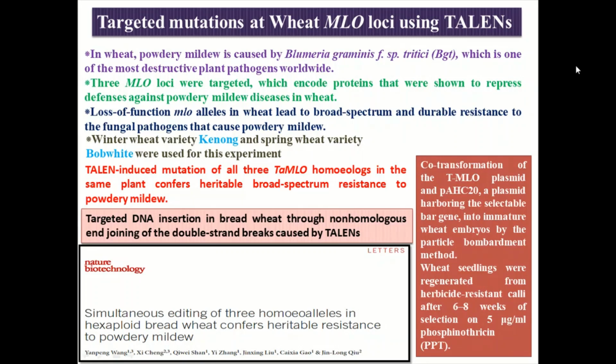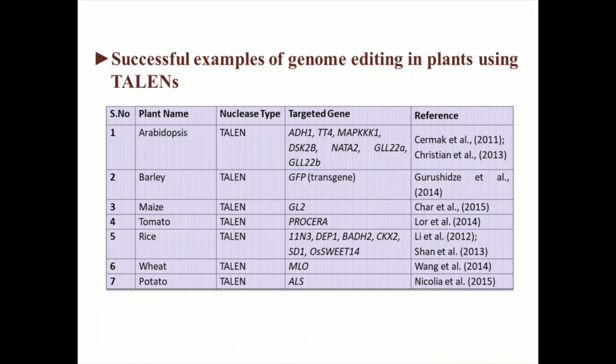So in this study, TALEN-induced mutation of all three TaMLO homologs in wheat confers heritable broad-spectrum resistance to powdery mildew disease. These are some other successful examples of genome editing in plants using transcription activator-like effector nucleases.